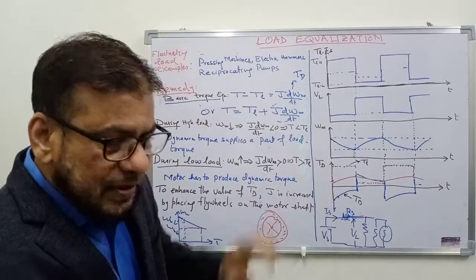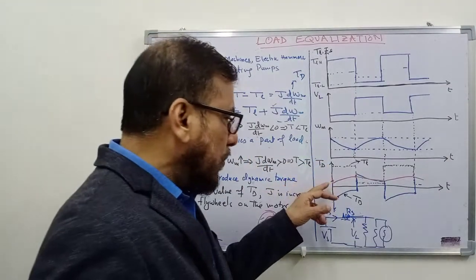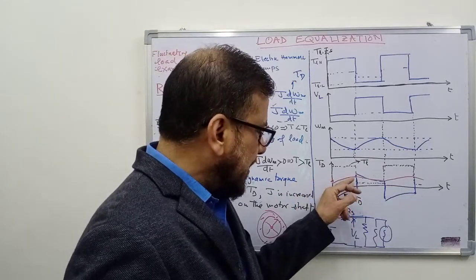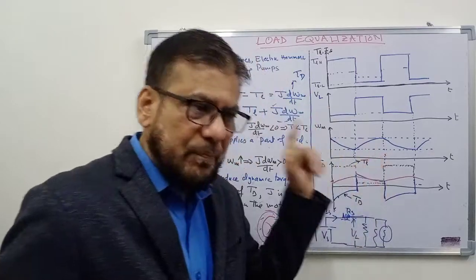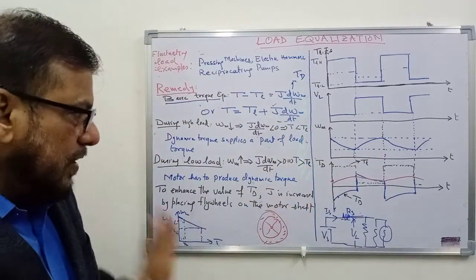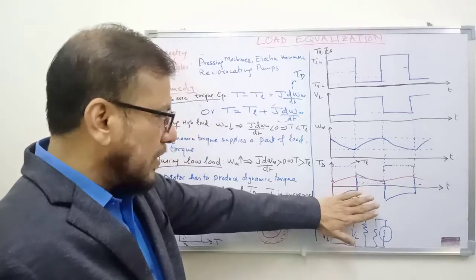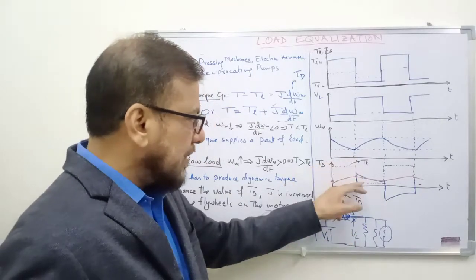This will increase, and that will cause the motor torque to reduce, and it will have less fluctuation as compared to the case when J was small and dynamic torque was of negligible order. If dynamic torque is of negligible order, the motor torque is like this.